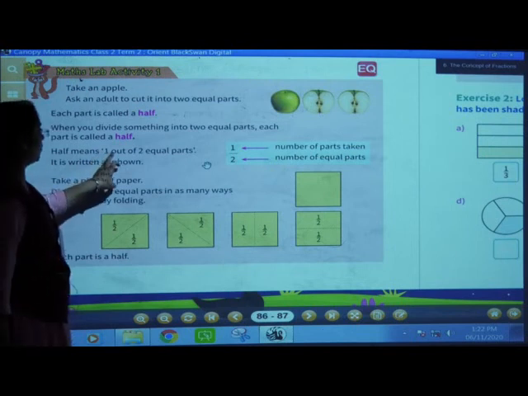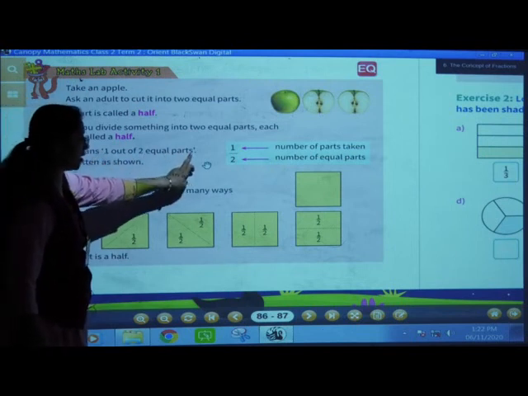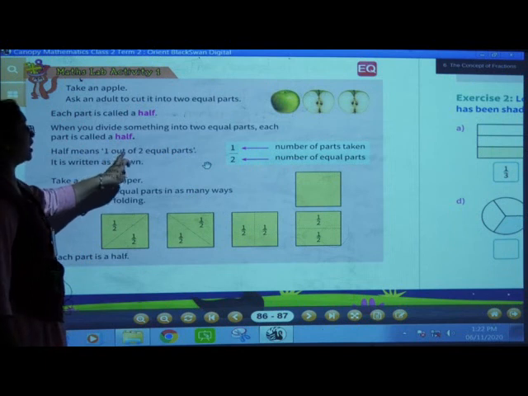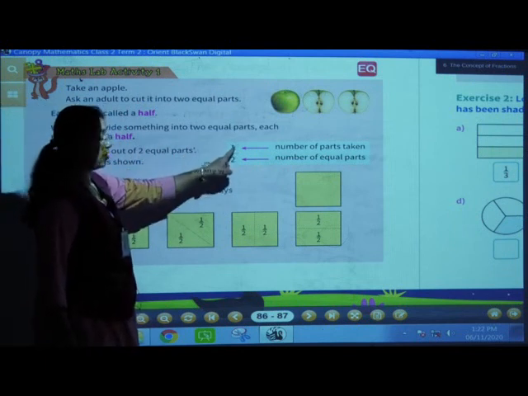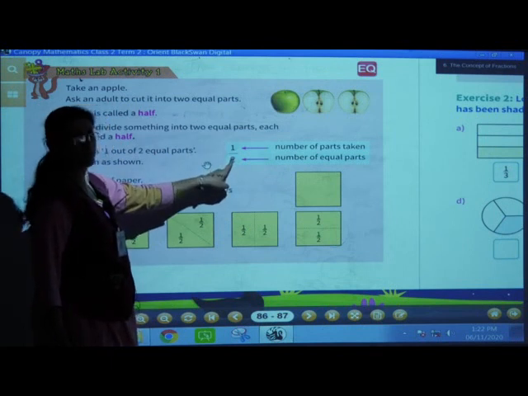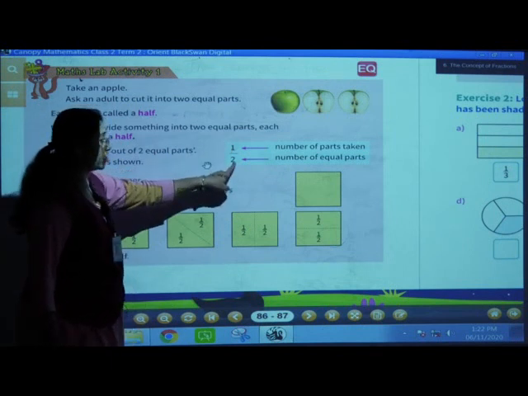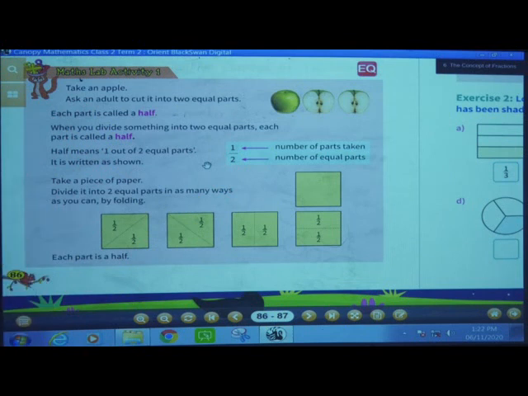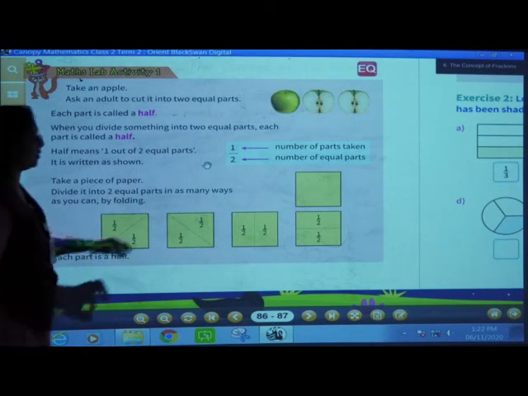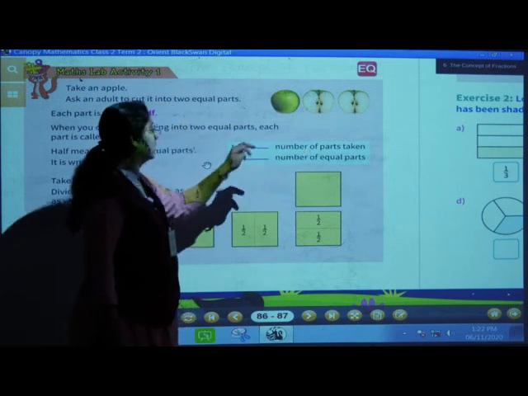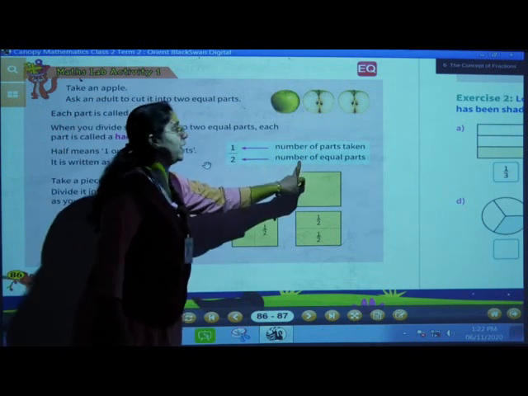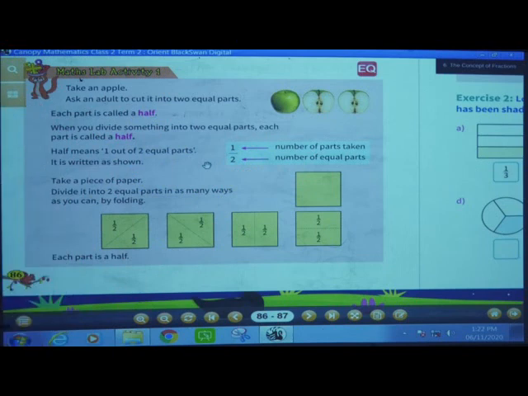Half means 1 out of 2 equal parts, and it is written like this: 1 by 2. Upside 1 and downside 2 we have to write. 1 means number of parts taken and 2 means number of equal parts.